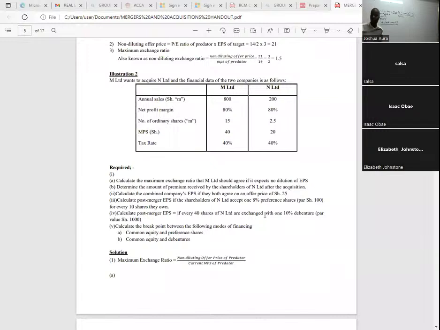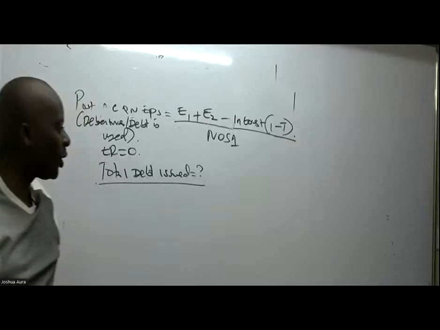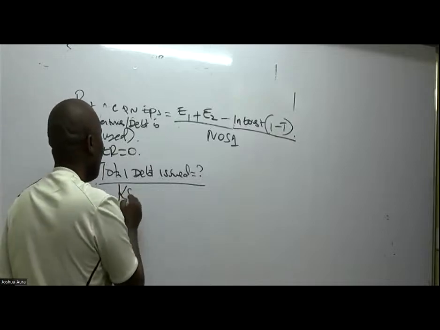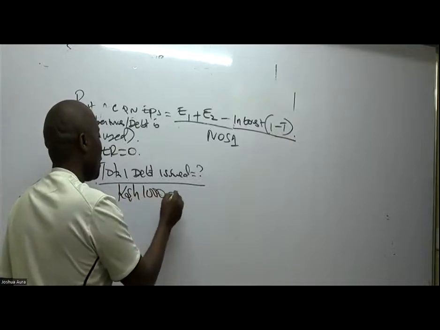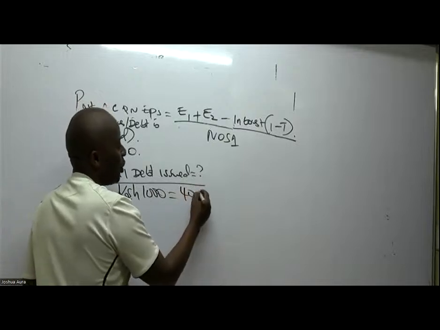We are told to calculate post-merger EPS if every 40 shares of N Limited are exchanged with 10% debenture. Debenture is debt. So for every 1,000 we give out, we shall be given 40 shares. So for debt of Kenya shillings 1,000, we have 40 shares.